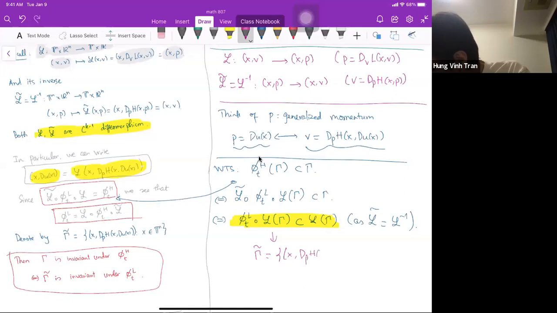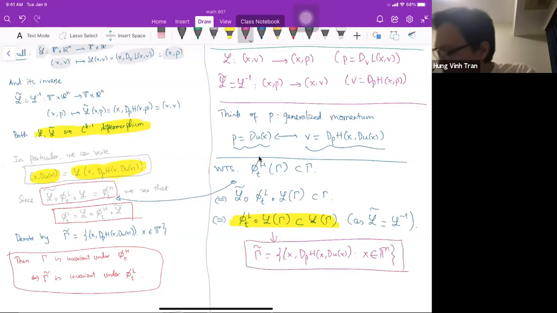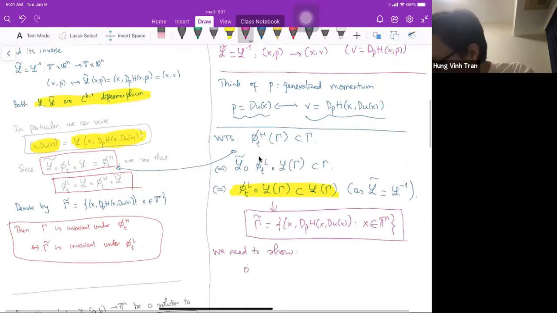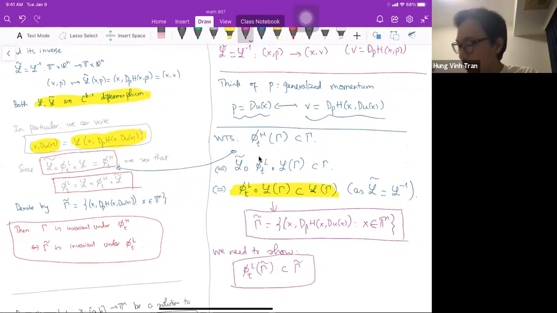With too many curlies I got really confused with x and t, and so this is surely correct. So gamma tilde is this one, and now we need to show that phi TL of gamma tilde is a subset of gamma tilde, right? So this is what it is meant to be, that it's invariant under the Lagrangian flow.